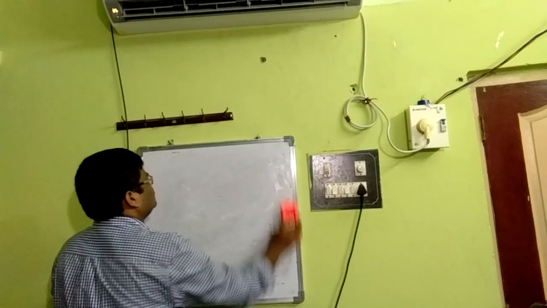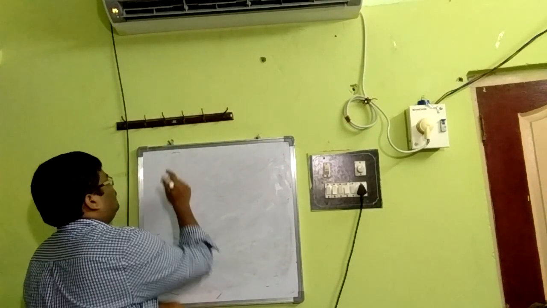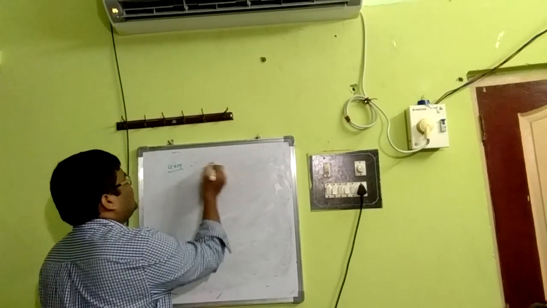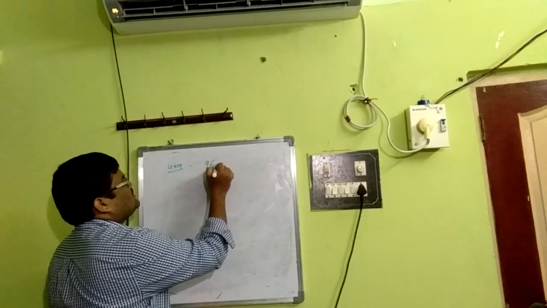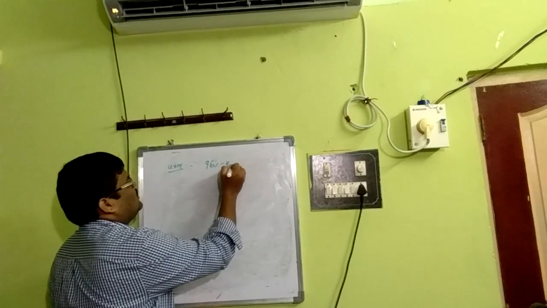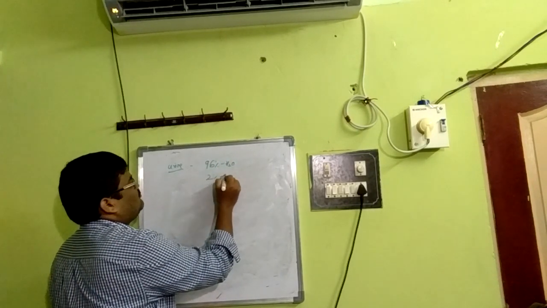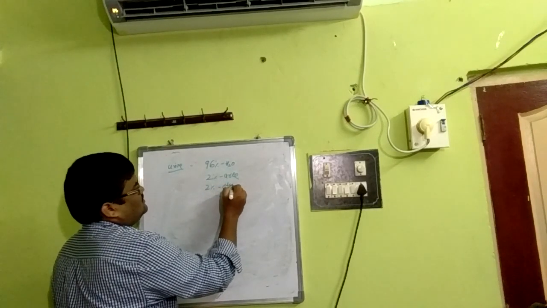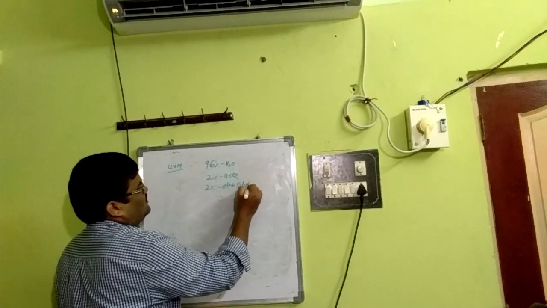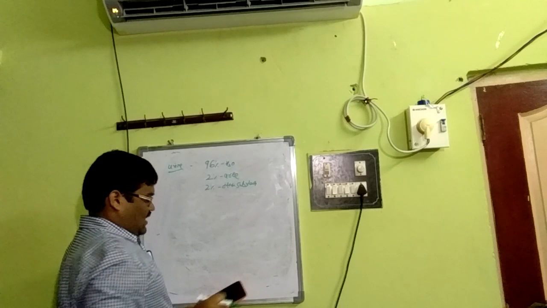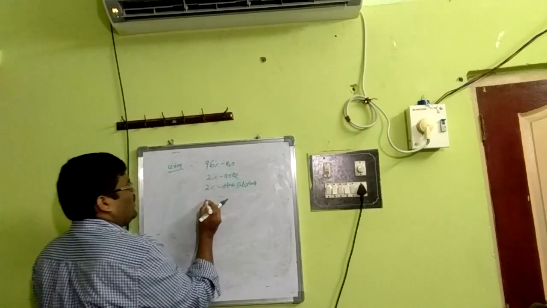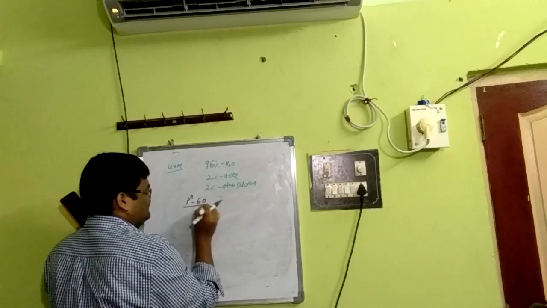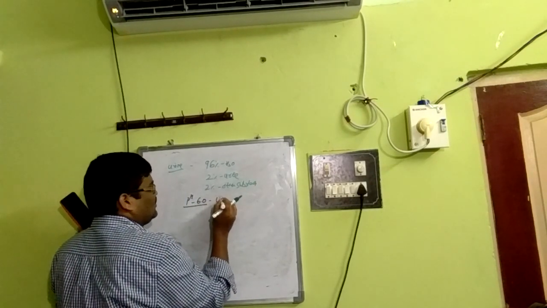Urine is nothing but 96% water, 2% urea and 2% other substances, and its pH is 6.0, that means slightly acidic, and light yellow color.